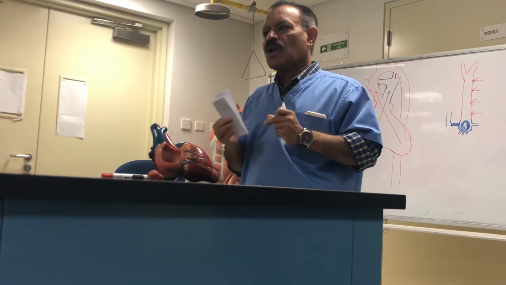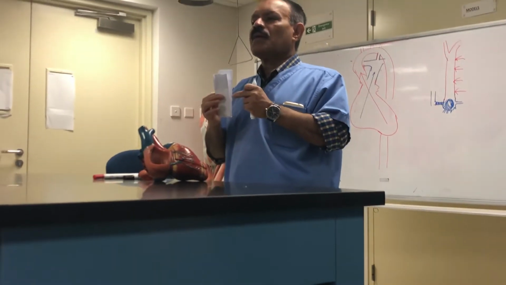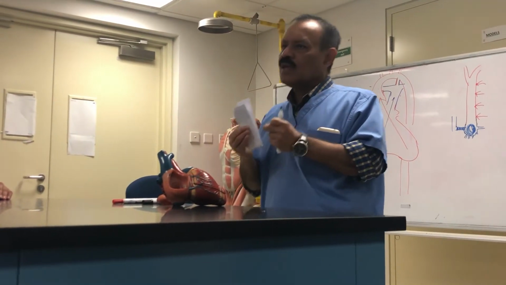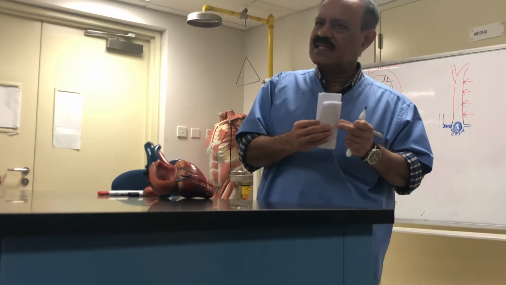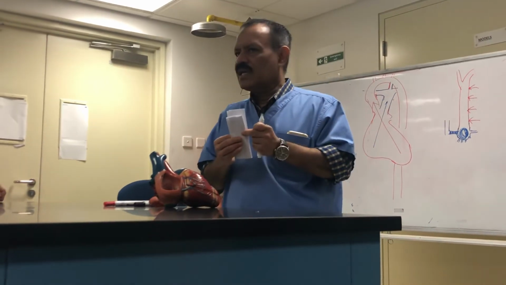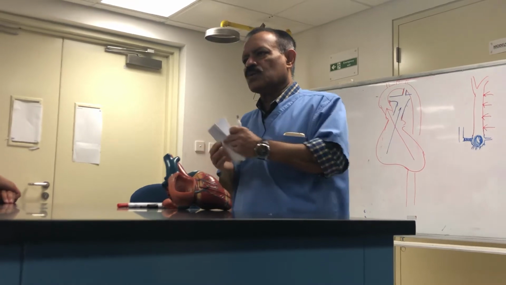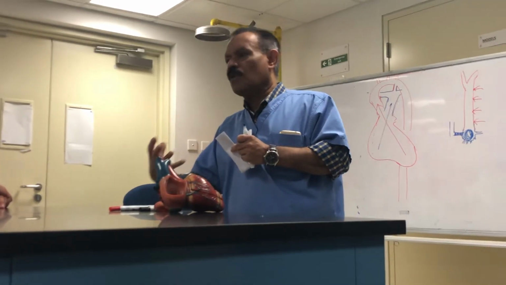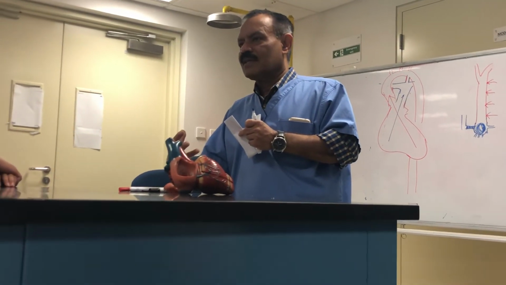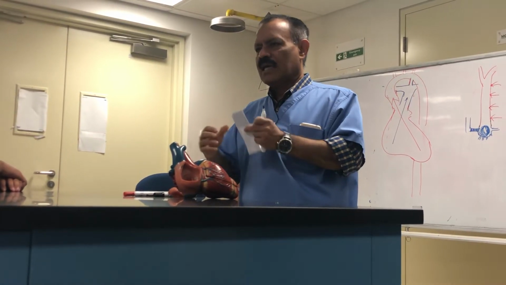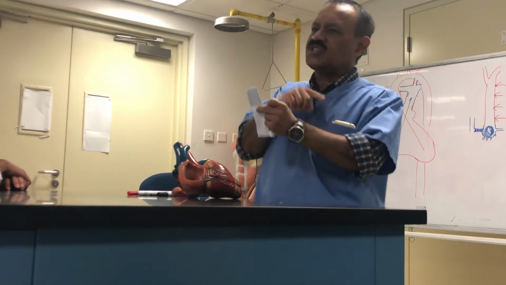And then, because the right side is swelling a little bit bulbous, the apex goes towards the left side. The other way around, if the left side is swelling, then the apex will be on the right side, and that will form the left ventricle. Although we call it left, we cannot say right ventricle at that time because the aorta and everything also will change.